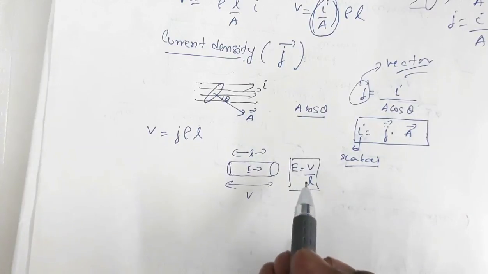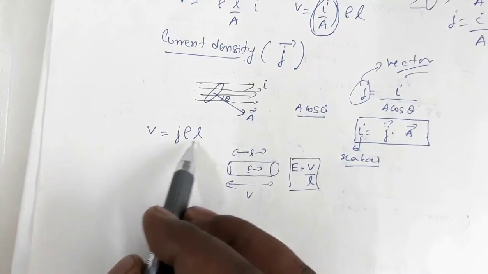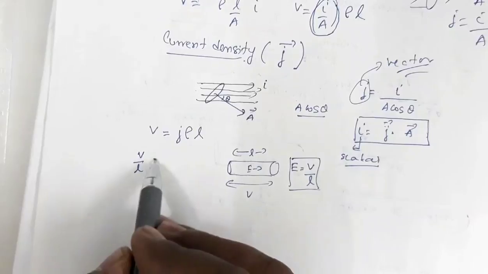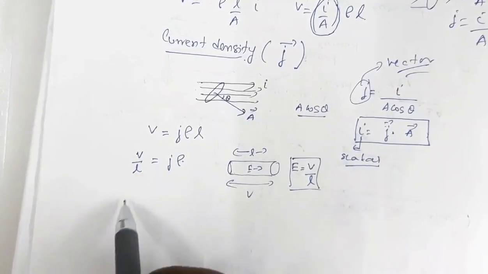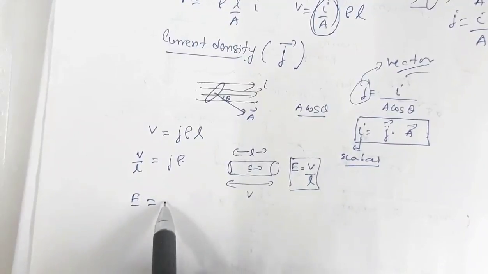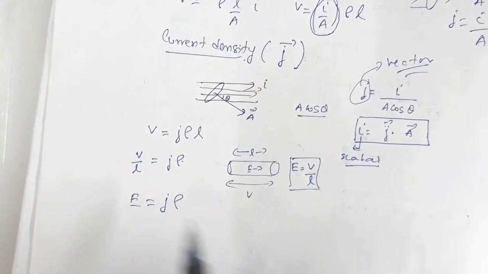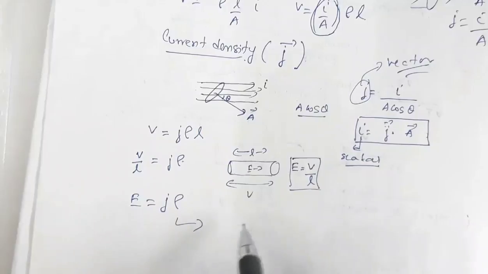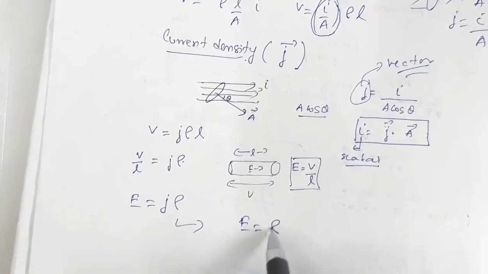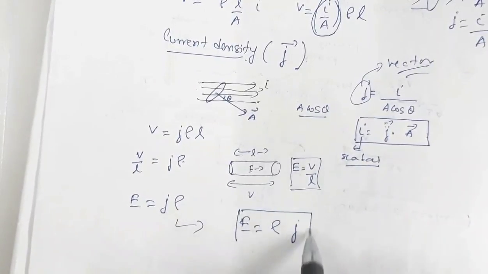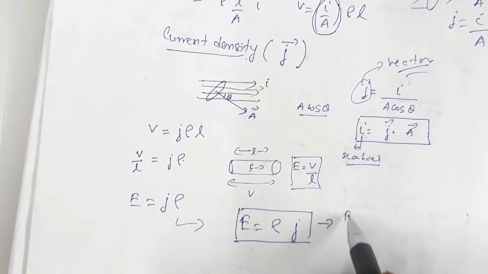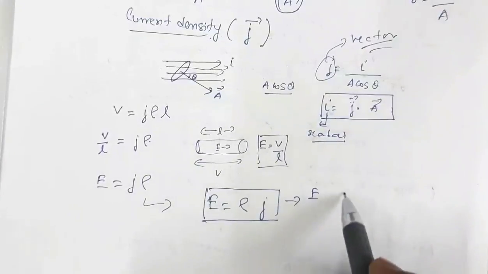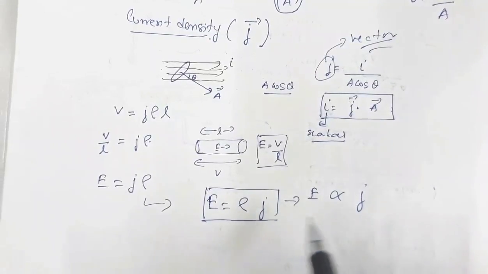So V by L will be J into rho, or since V by L is E, we have E is equal to rho J. This is another form of Ohm's law: the strength of the electric field in a current carrying conductor is directly proportional to current density, and the proportionality constant is resistivity.